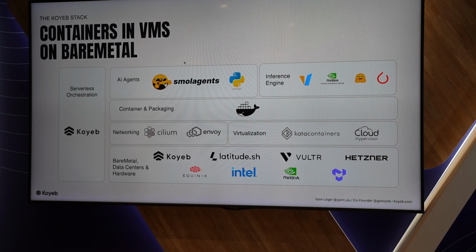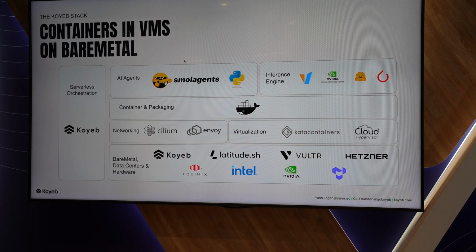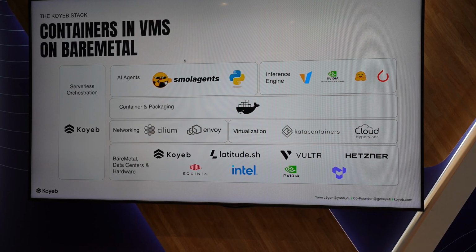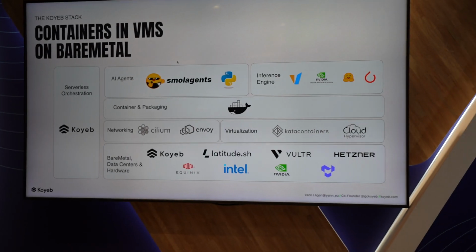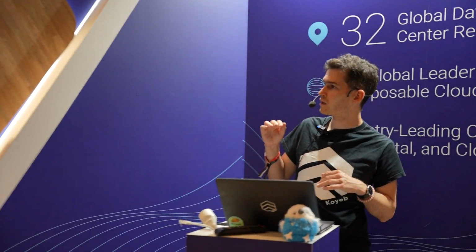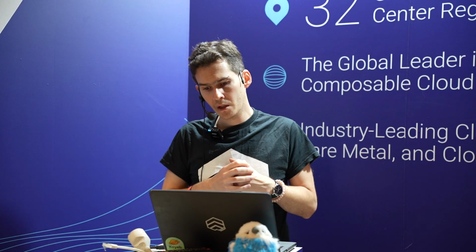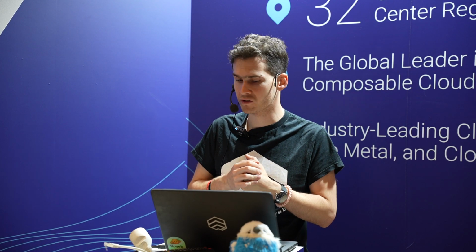Technically, this is the stack that we have. Containers run inside of VMs for security and isolation. We operate at the bottom on different providers, including Vultr or other third parties, and in some cases we even rack our own hardware. On top of this, we operate our own network layer and virtualization layer for security.